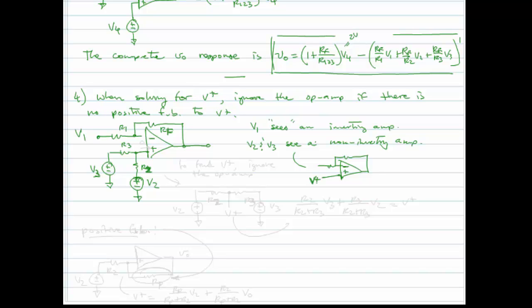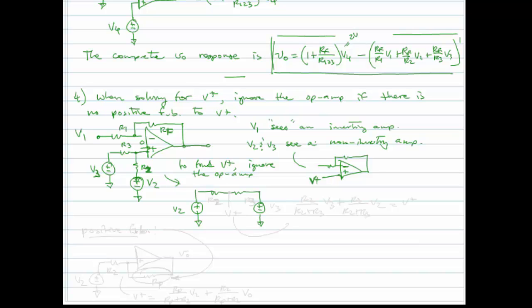So to find V+, we can ignore the op amp. In other words, the op amp has no bearing on what V+ is going to be because there's no current flowing into this terminal.